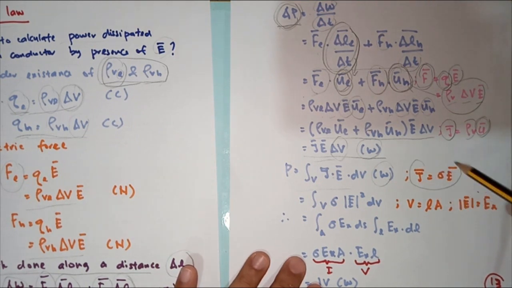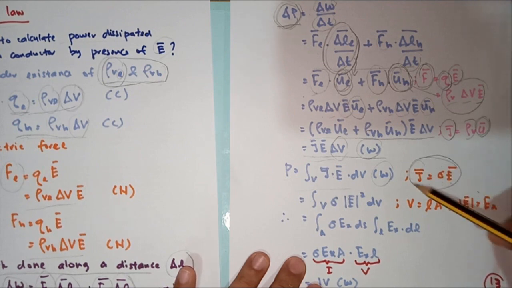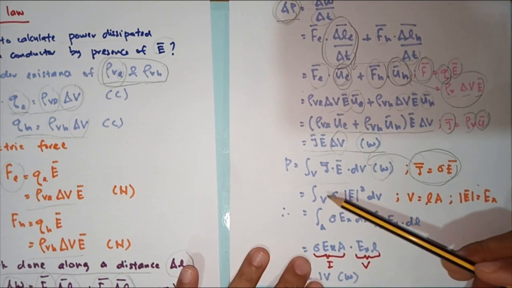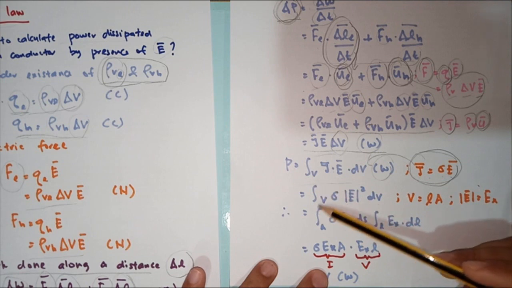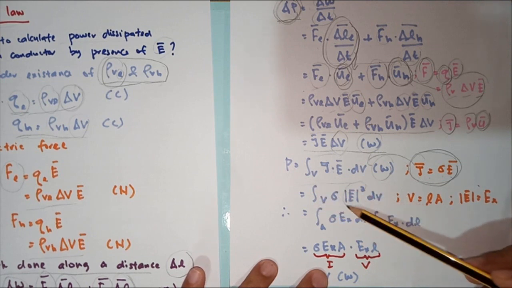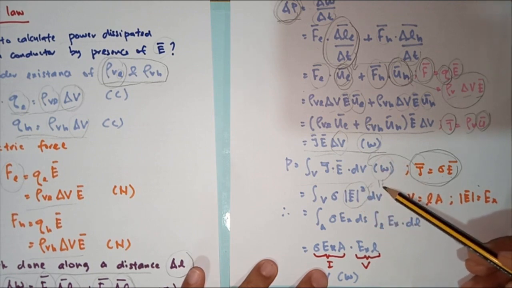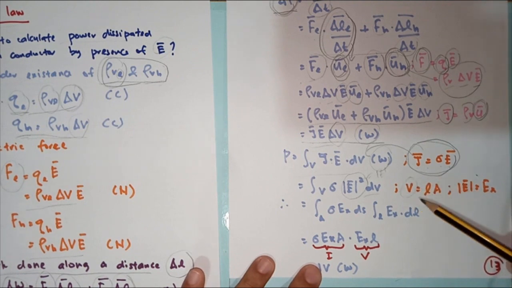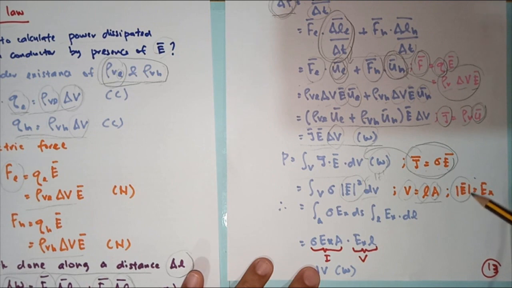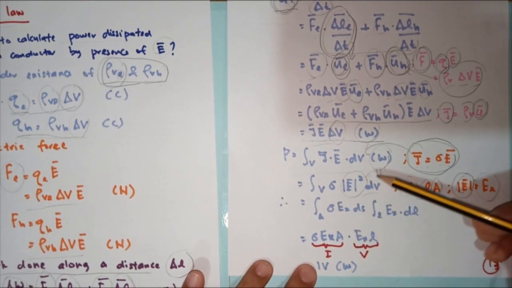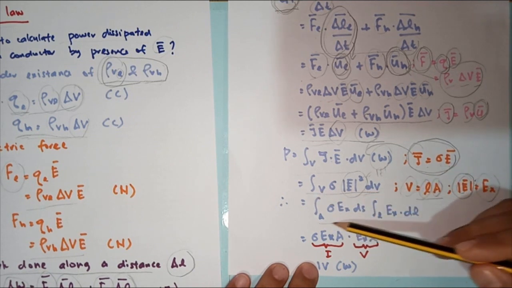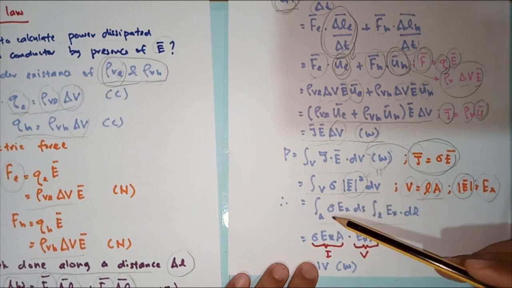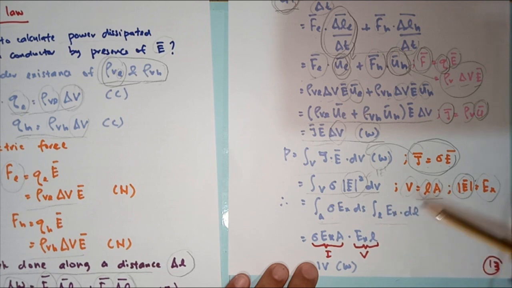By considering Ohm's law, J is equal to sigma E, and replacing it inside this equation, we will have another equation for our power: P is equal to the integration over volume of sigma times the magnitude of E squared dV. Because the volume is given by V equal to L times A, where L is the length and A is the cross-sectional area, and the amplitude for the E vector here is equal to Ex, we can divide this equation into two equations: the integration over area of sigma Ex dS, dot with the integration over length of Ex dL.